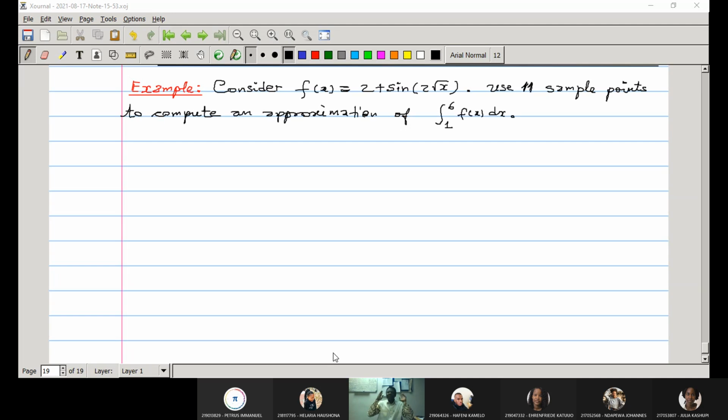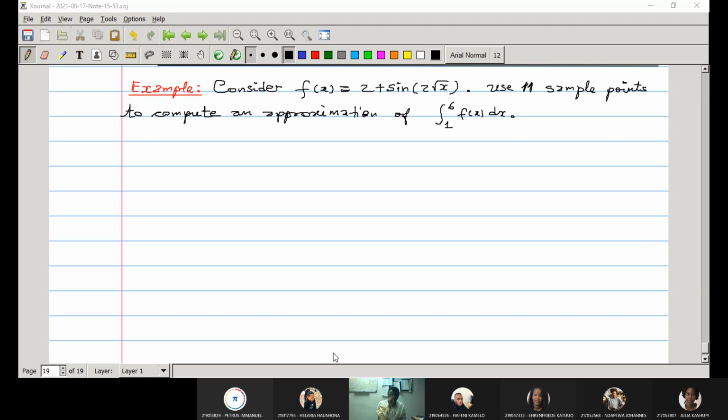So you see that if I have a certain number of subintervals, the number of points over the entire interval will be the number of subintervals plus 1. So if I have an even number of subintervals, the number of sample points will be odd. So it doesn't violate. You have to be careful about the statement. 11 is not the number of subintervals, it's the number of sample points.